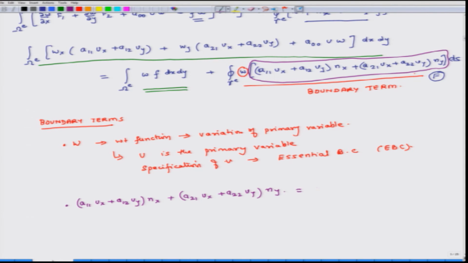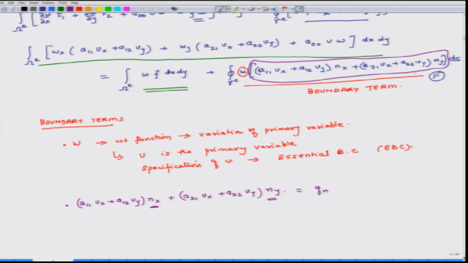This I can abbreviate as Qn. Now, what does this Qn mean? This is the direction cosine in x direction, this is the direction cosine in y direction. These are the components of the unit normal.